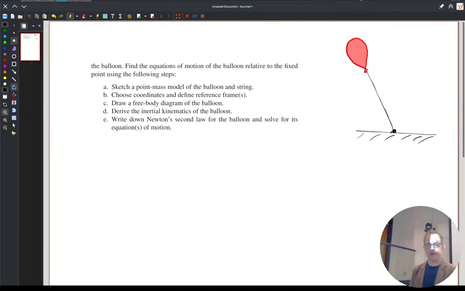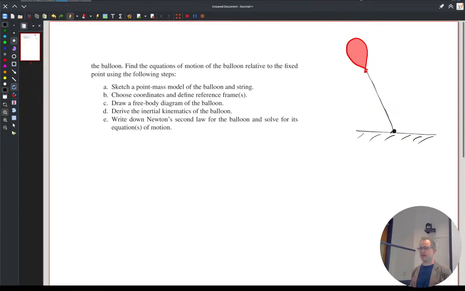Cool. All right, so we have this red balloon, and we have a string tying it down to the ground. First step, it's telling us to consider it as a point mass. But why consider a balloon as a point mass? Why not think about its rotational inertia?